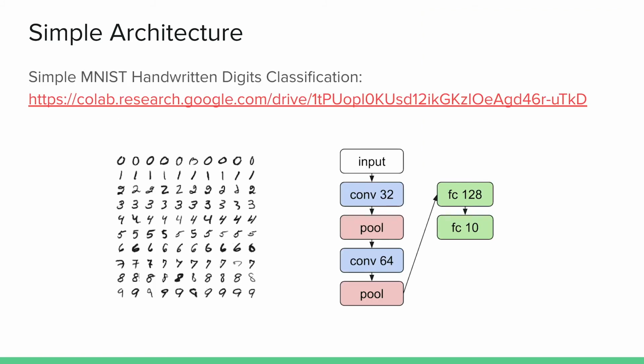A very simple architecture that uses all of these ingredients, a kind of hello world of deep learning, would be digit classification with the famous MNIST handwritten digits. What is the input here? If you've never heard about this, we have images of, I think, 32 by 32 pixels of handwritten digits.